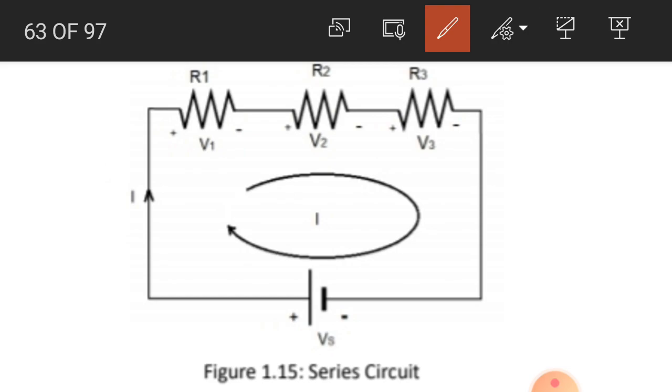You see the current in this loop is in the clockwise direction, and we apply KVL to this loop. According to KVL, the sum of the voltage rises will be equal to the sum of the voltage drops.